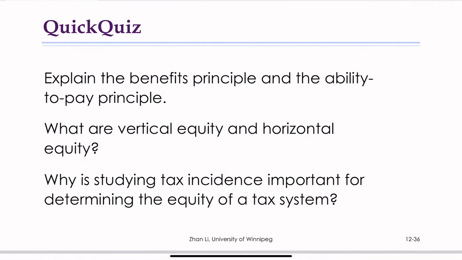The ability to pay basically means you should pay tax according to your ability, right? To be more specific, we could have vertical equity and horizontal equity. Vertical equity says if you have larger ability to pay, then you should indeed pay a higher tax. Horizontal equity says if taxpayers have similar abilities to pay tax, then they should in the end pay similar taxes.